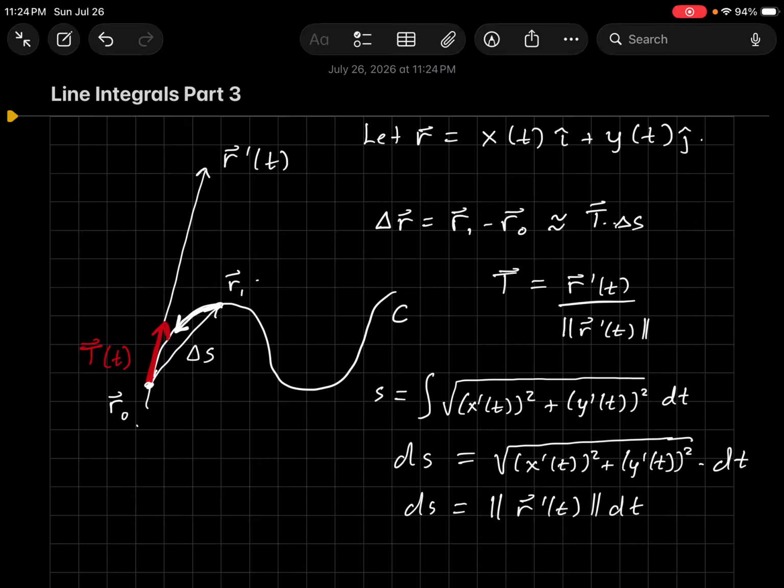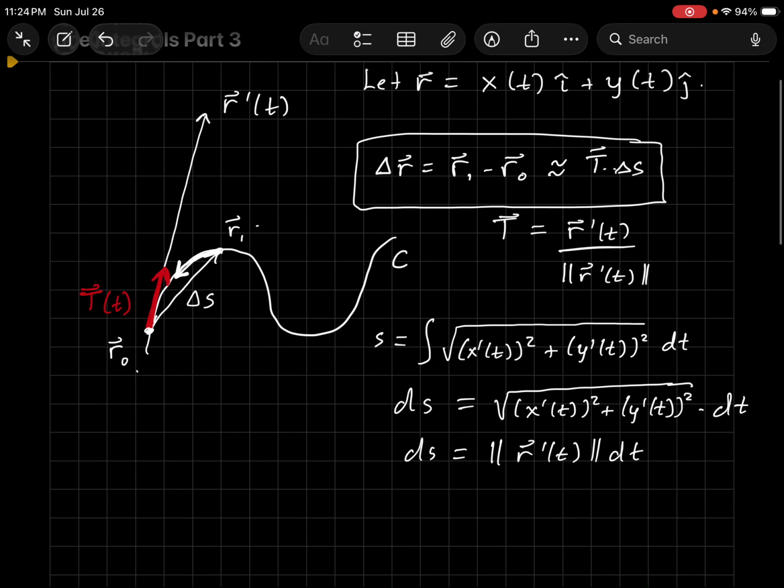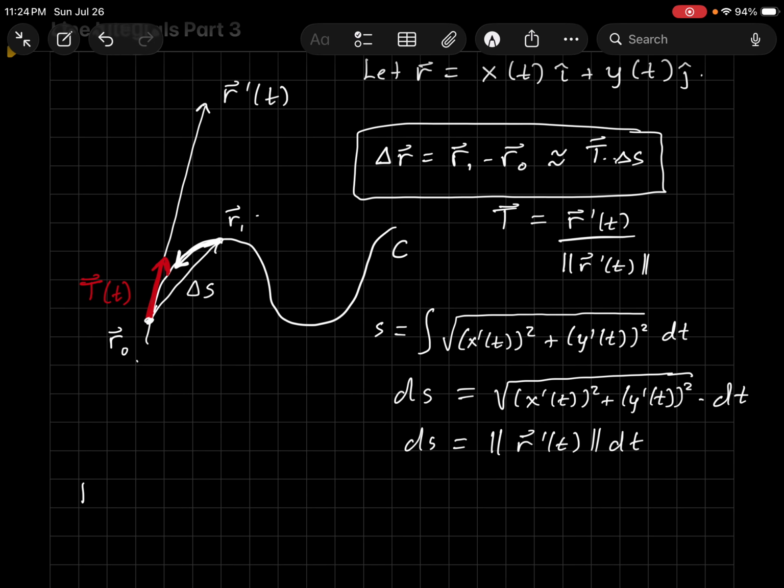So algebraically, I want to show you that this equation holds. In fact, it's equal when we shrink the displacement down to 0. And I want to show you this algebraically because T times ds equals r prime of t over the magnitude of r prime of t times ds, which is the magnitude of r prime times dt.